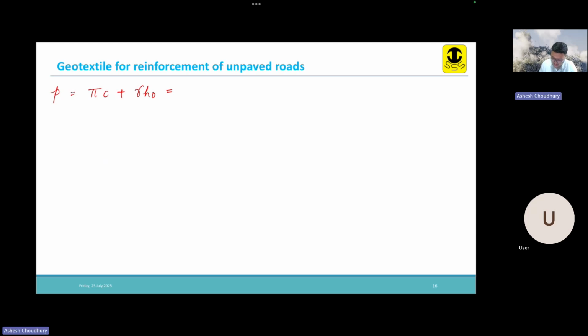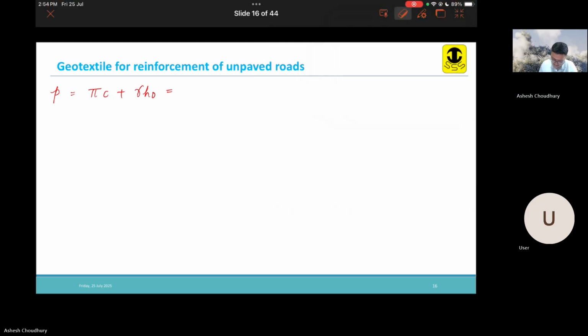Okay, let us write. So this is equation 3, and P star. When geotextile is used, this is nothing but the elastic limit of the soil. Pi c is nothing but the elastic limit of the soil.